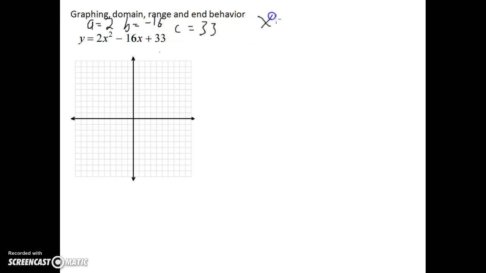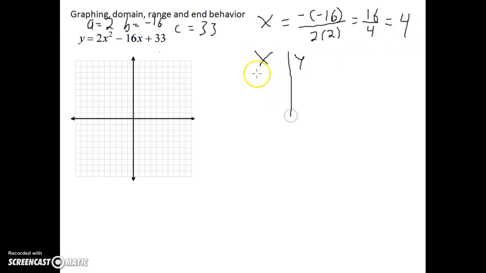We want our vertex, x equals opposite of b over 2a, so opposite of negative 16 over 2 times 2, 16 over 4, which is 4. So when we make our xy table, it's going to be centered around the number 4. So 3 and 2 are smaller, 5 and 6 are bigger.